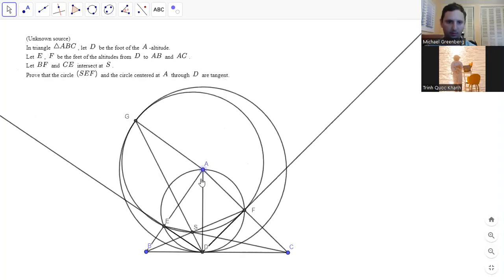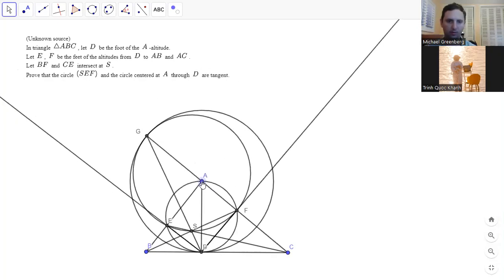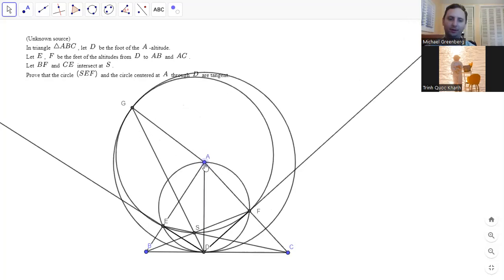Yeah, so maybe this is because isn't there some kind of theorem, like if you have a homothety from one circle to another, and then you have a homothety from that circle to a third, then there's some homothety taking the first circle to the third? I think there's some kind of theorem like that, right?